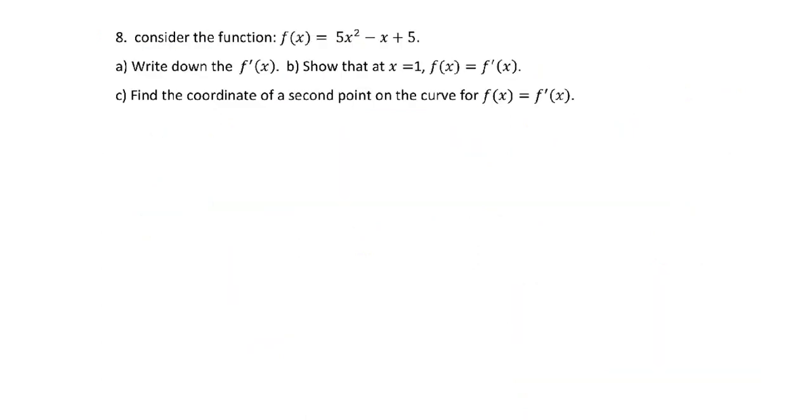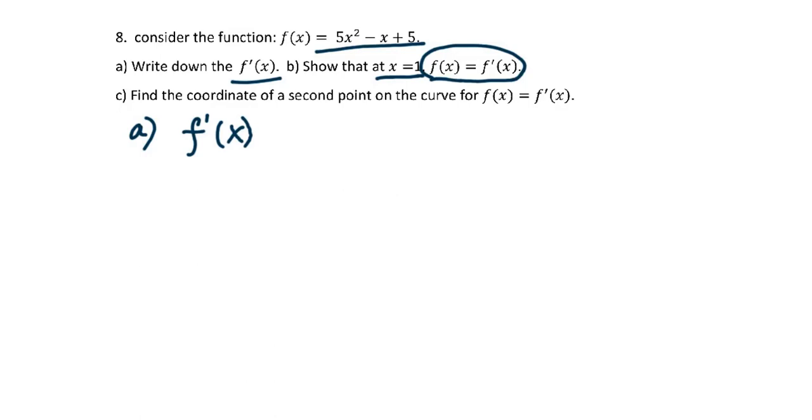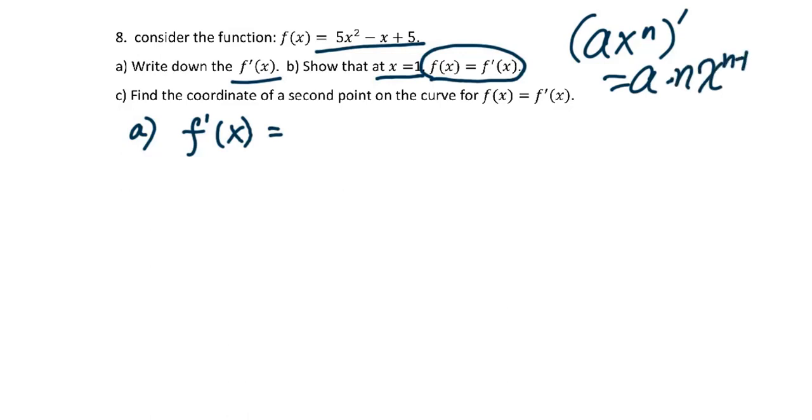Let's go to the last question. Consider the function given. Write down the derivative. That's kind of easy. Show that at x equals 1, these two are equal. So for part A, the derivative of the function, we use the power rule: a times n, x to the n minus 1 power.